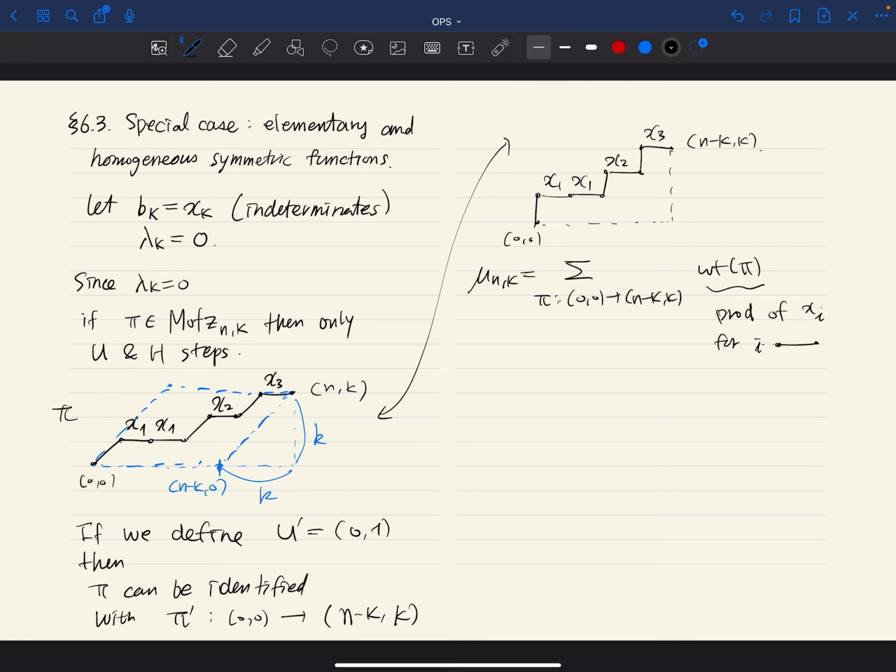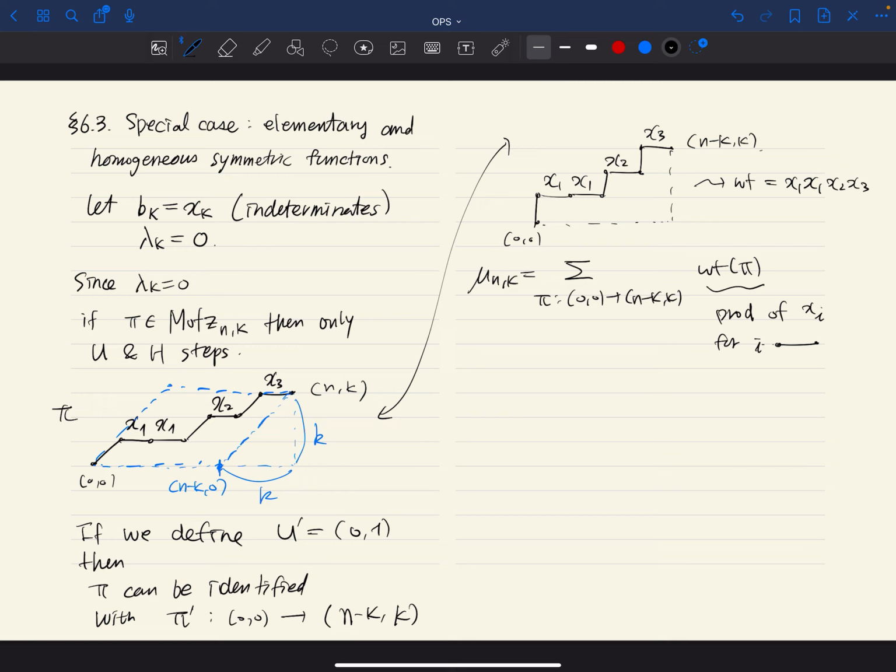Okay? But what is the weight, in fact? What is the weight of this path? Weight of pi is x_1, let me write this way, x_1, x_1, x_2, x_3.